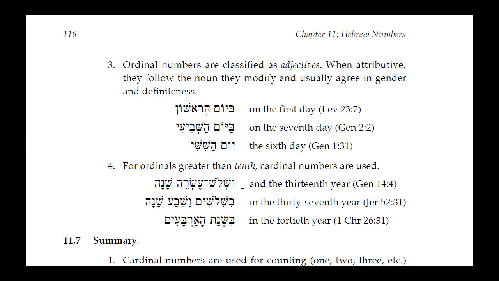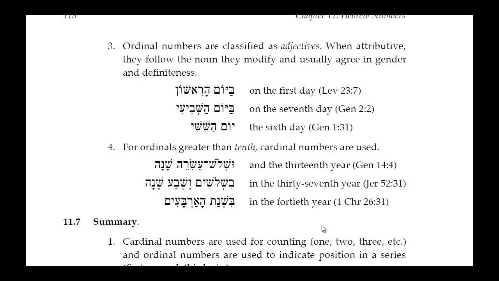Now for ordinals greater than the tenth, cardinal numbers are used. So from 11 going forward, the cardinal number is used instead of the ordinal number.